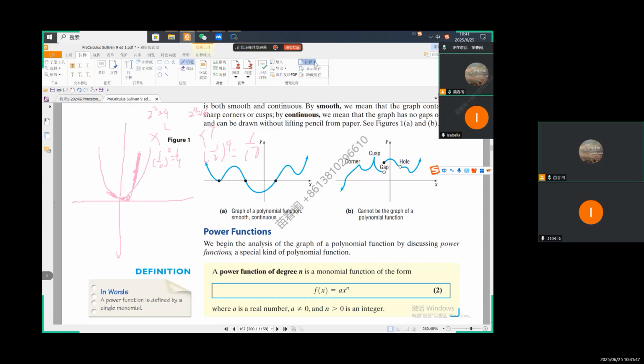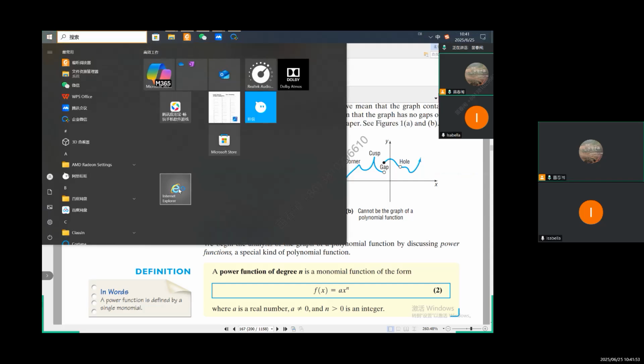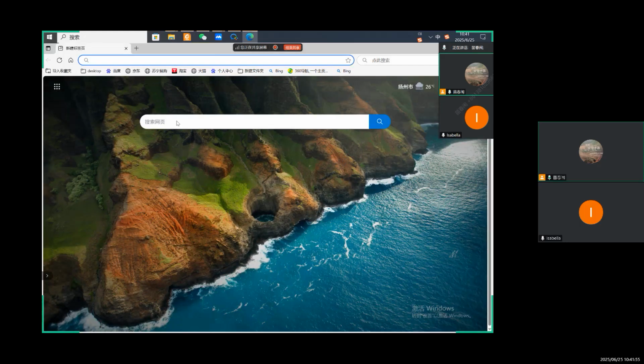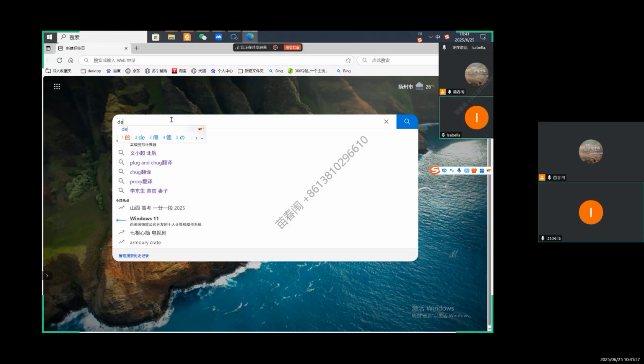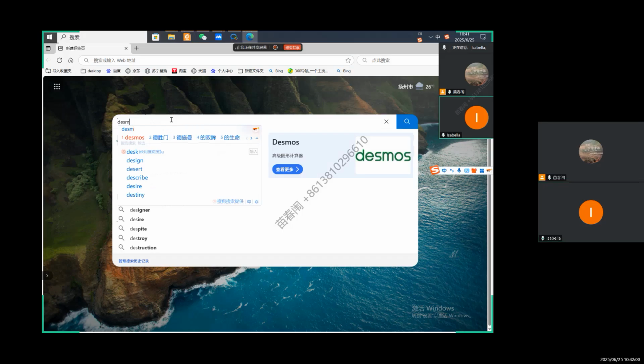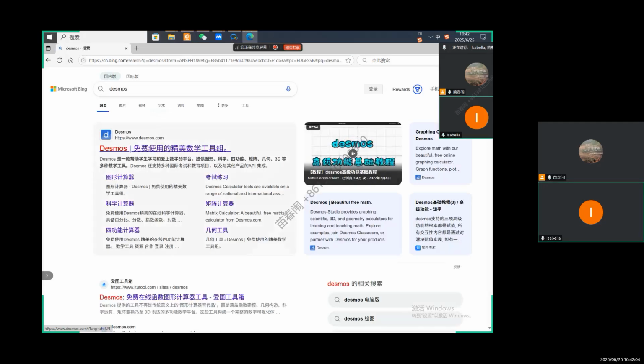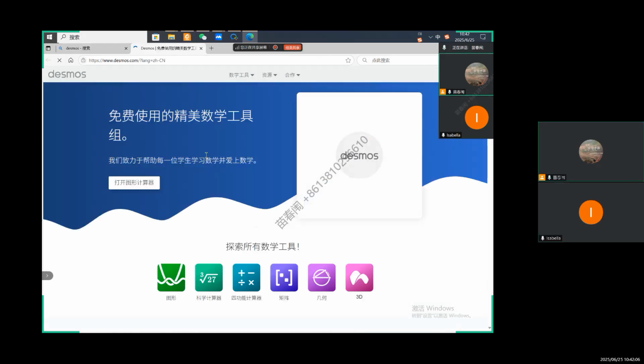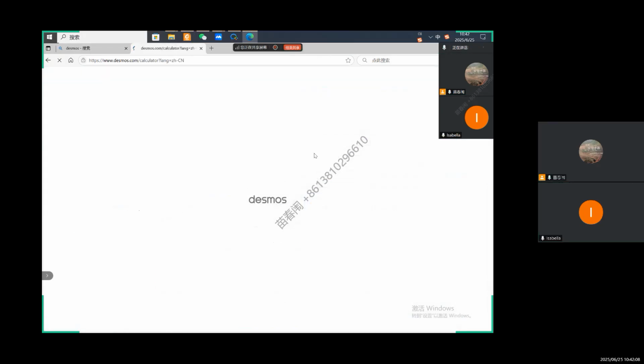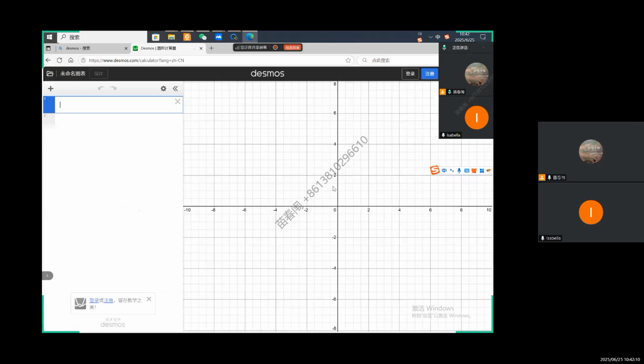So if I compare these two, do you have Desmos with you? Yeah, I know about Desmos. So we can see the difference. We can draw better than I. So x squared.